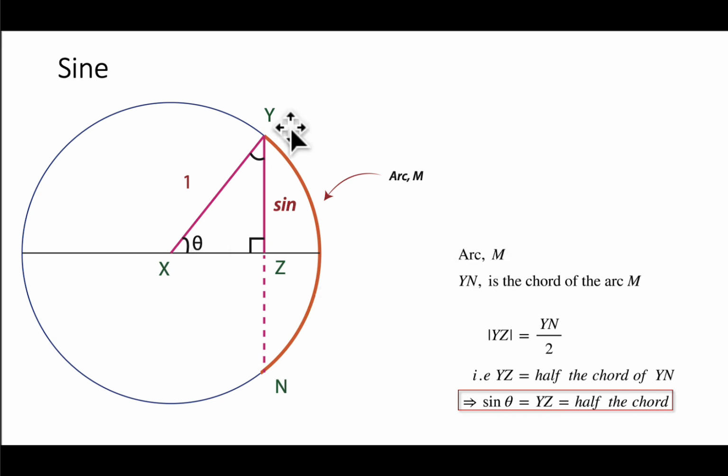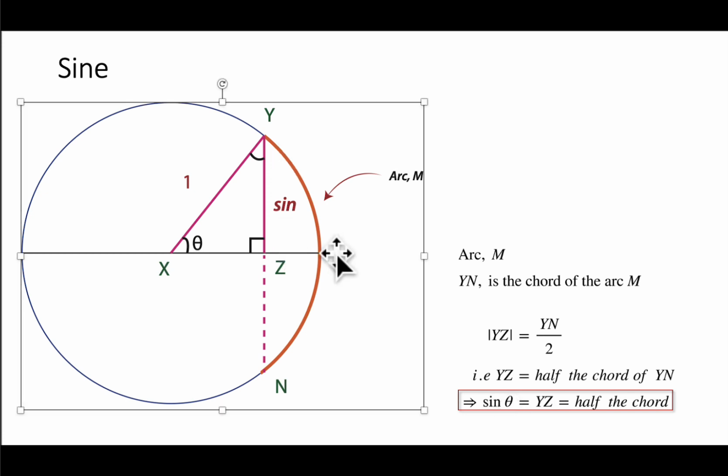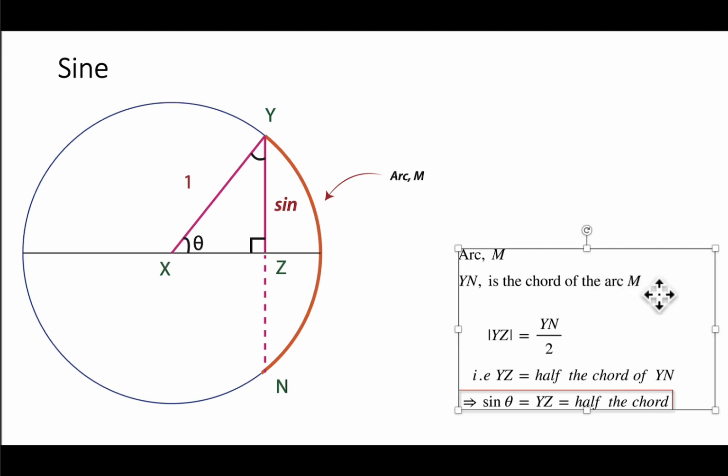So the arc is M, and YN is the chord of the arc M, and YZ is half of YN. That is, YZ is half the chord of YN. So sine of theta is YZ, which is half the chord of the arc. So that's an easier way to remember.